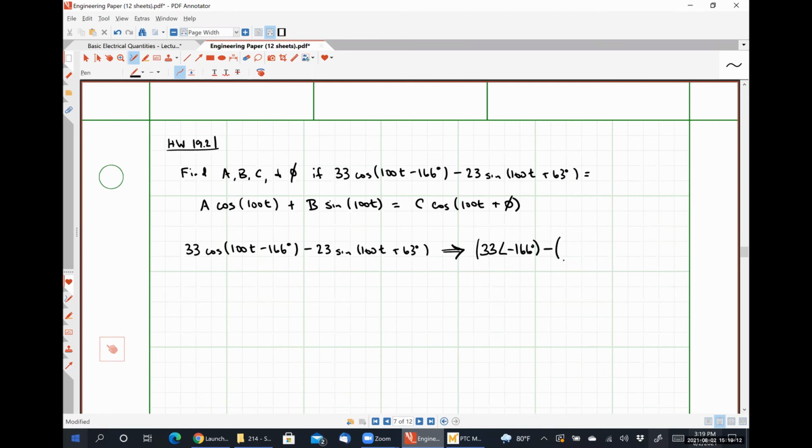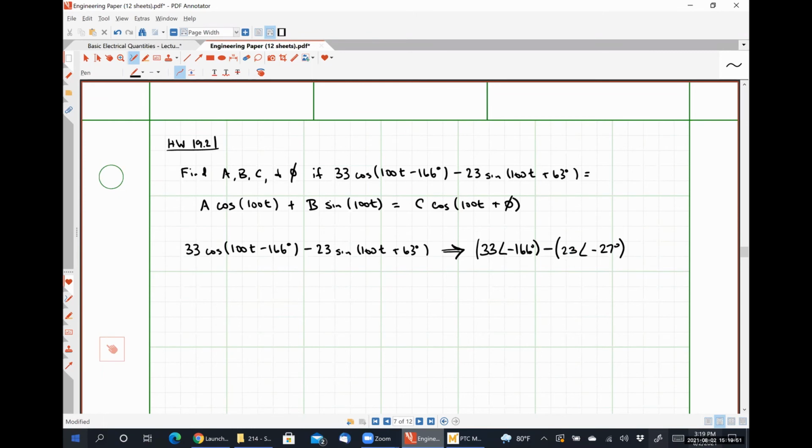So now you guys tell me how I convert 23 sine(100t plus 63 degrees) to a phasor. Shouldn't it be 23 angle 63, or do we need to get on both? They need to both be cosine functions. If we're going to use a phasor representation, we have to deal with the cosine. So then that would be 63 minus 90. Yeah, 63 minus 90 is negative 27. My mental math is correct.